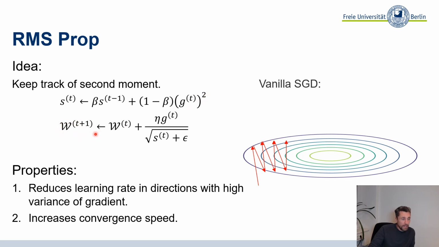And the weight update for our parameters now uses the original gradient, but we normalize by the square root of our smoothed gradient squares, yeah? Gradient magnitudes. So what does this mean? Well, first of all, it may help understanding where this comes from historically.